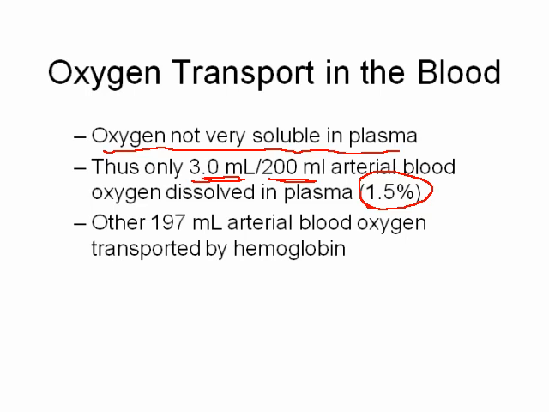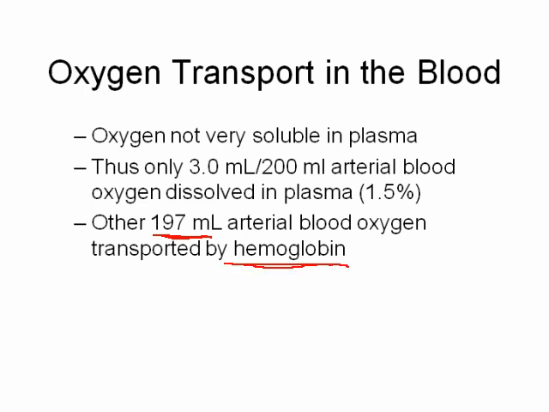So only about 1.5% of our oxygen can actually be physically dissolved. The other 197 mils have to be transported by hemoglobin. So that would mean, of course, that 98.5% of our oxygen is transported by hemoglobin.